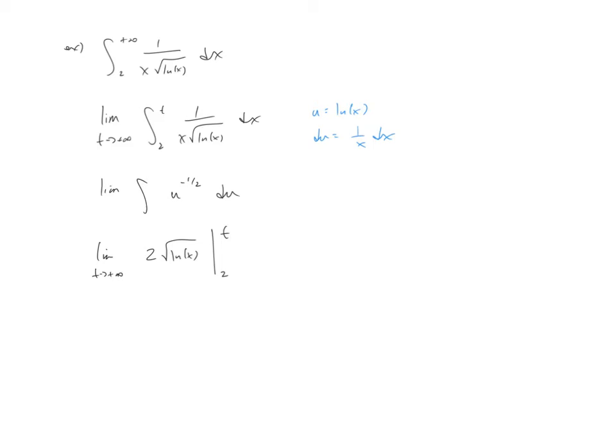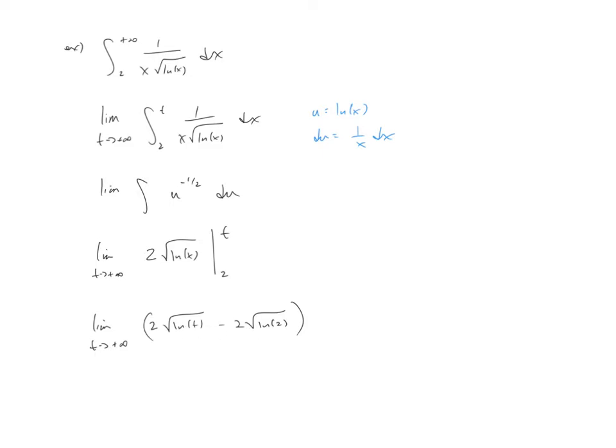Now let's go nice and slow through this evaluation process. I'm going to keep my limit notation out there, and then I'm going to have 2 square root natural log t minus 2 square root natural log of 2. So we've now done the integration part when it comes to the definite integral and applying the fundamental theorem of calculus.